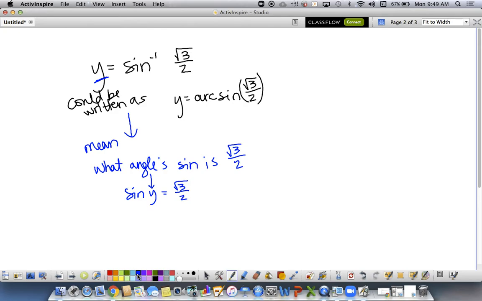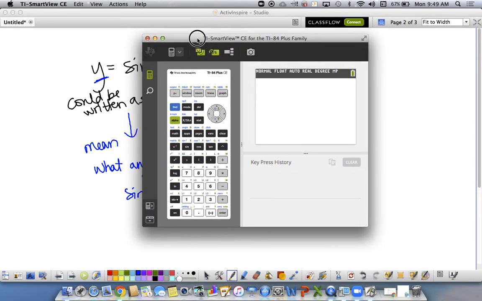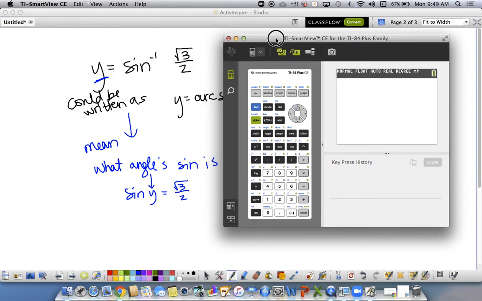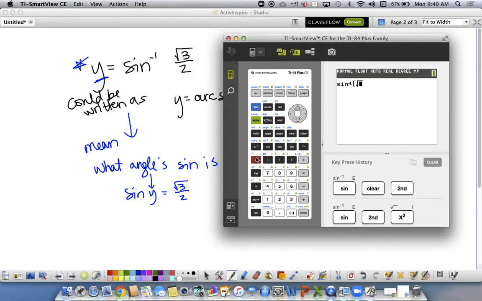Couple things you could do. You could plug it in your calculator. Pull my calculator up over here. I'm going to hit second sine, that's sine inverse, of the square root of 3 divided by 2.